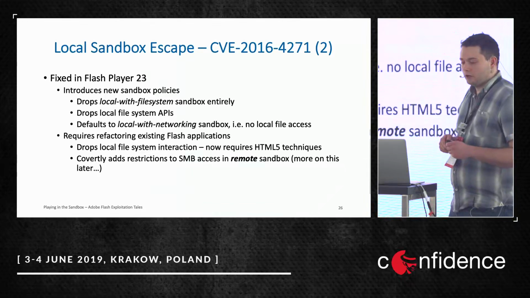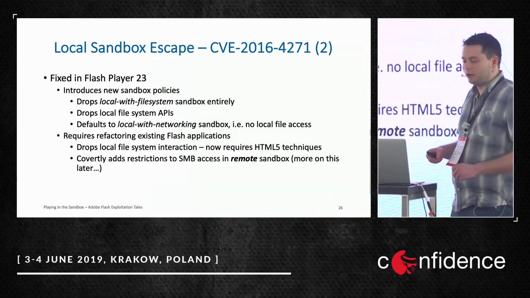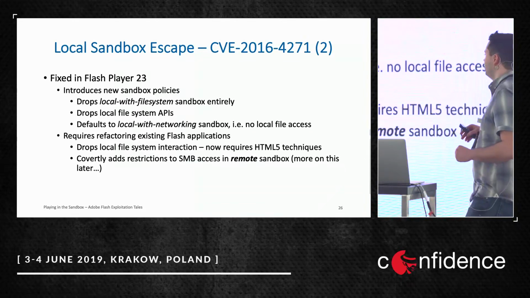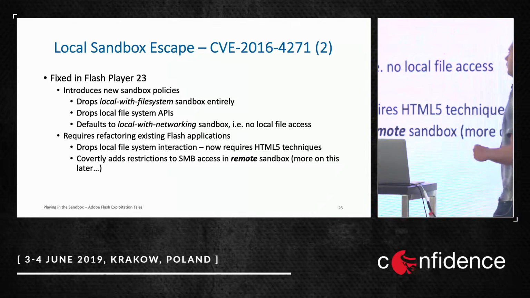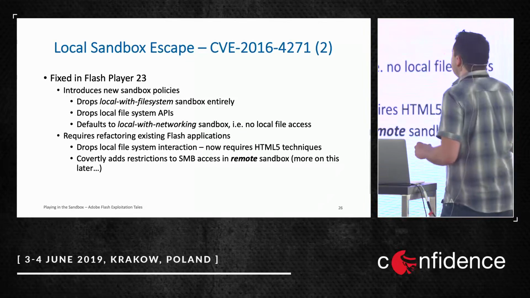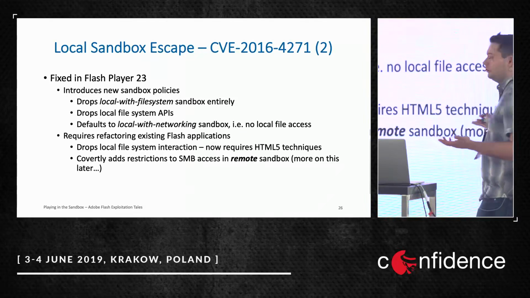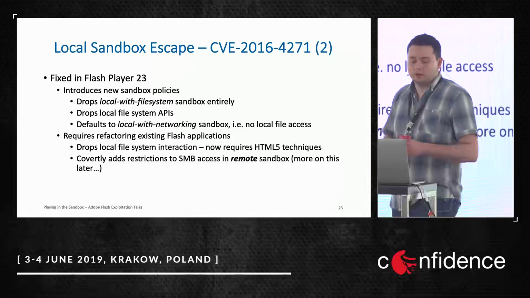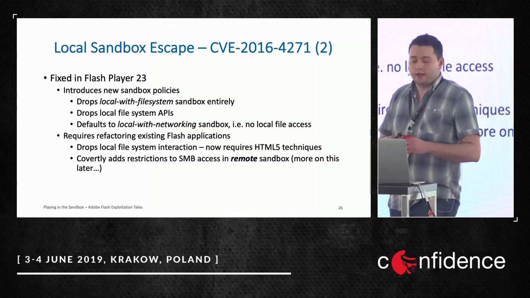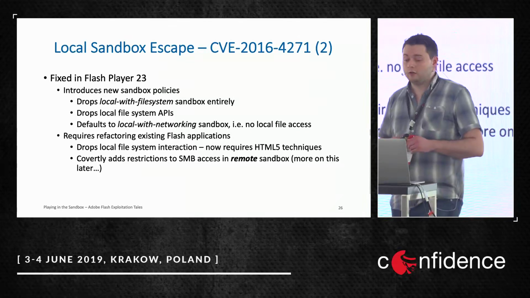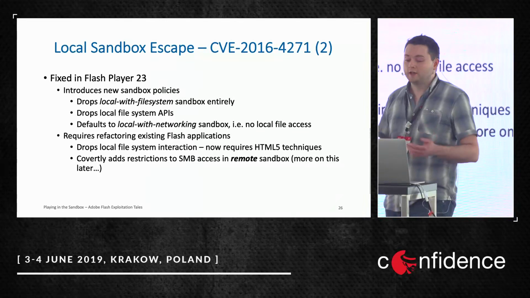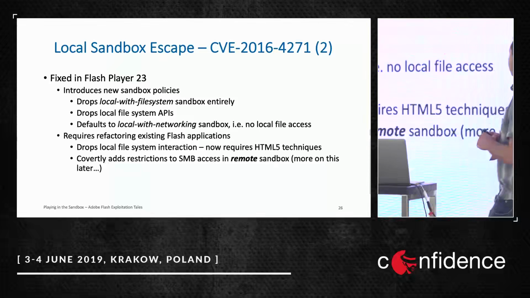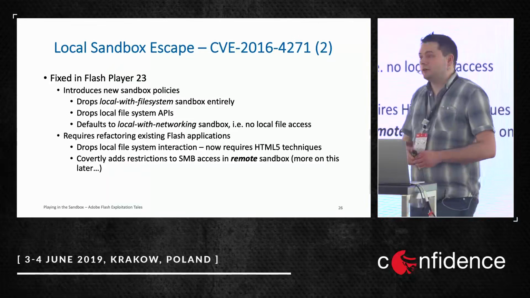So this was a change that required web developers to refactor their existing applications. For local file system interaction, developers had to move to HTML5 techniques, which at the time was still being considered a competitor to Flash. And interestingly, it also covertly added some restrictions to SMB access in the other sandbox, the remote sandbox. And I'll be talking about that later.